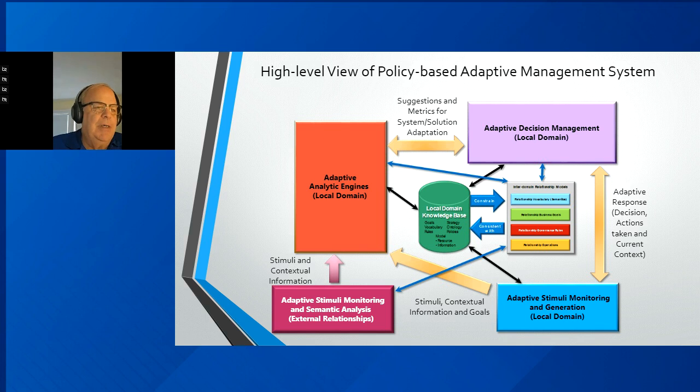I don't have a slide for that, but we're thinking that you can have at least two different alternatives. You can keep all of the external relationship knowledge from your side and the models in your local domain knowledge. We also have come up with a case where they can be kept in a third party and monitored by the third party, and then any changes to those would be reflected back to local domain stimuli monitoring and adaptive analytic engines.